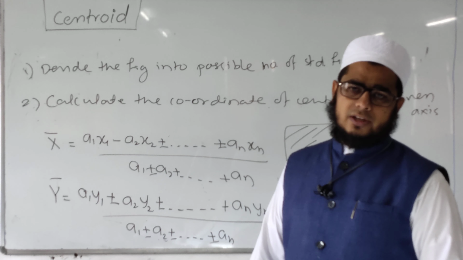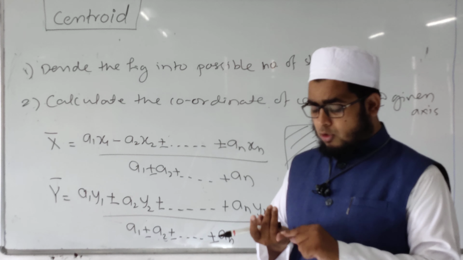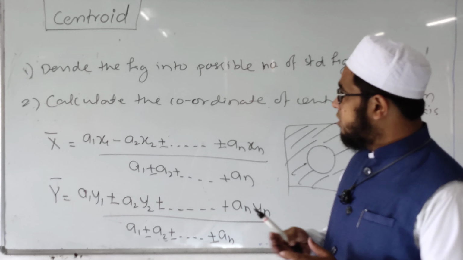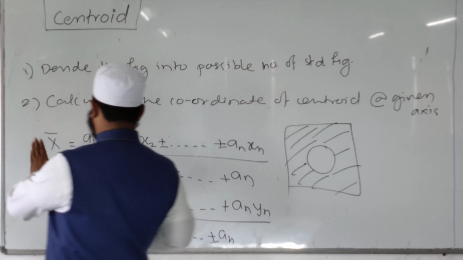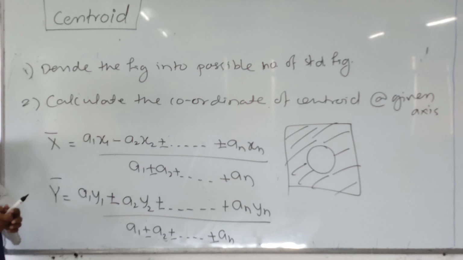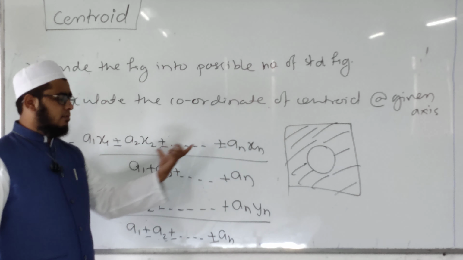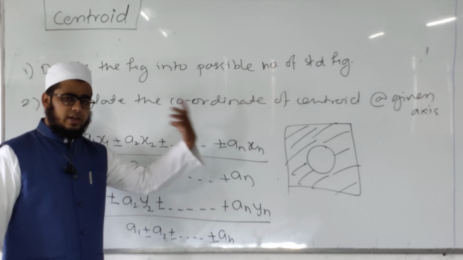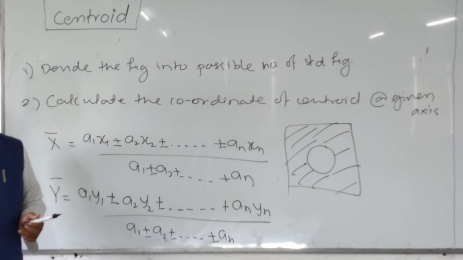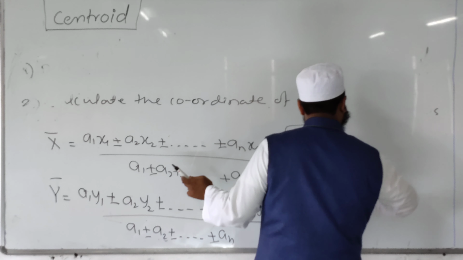After calculation I will use the formula x bar equals a1 x1 plus or minus a2 x2 plus or minus up to n number, divided by a1 plus or minus a2 up to n. Similarly for y bar I will use the formula. It is very easy.